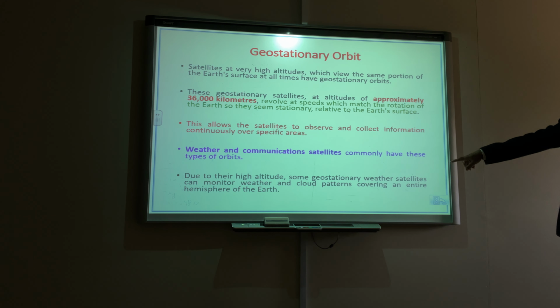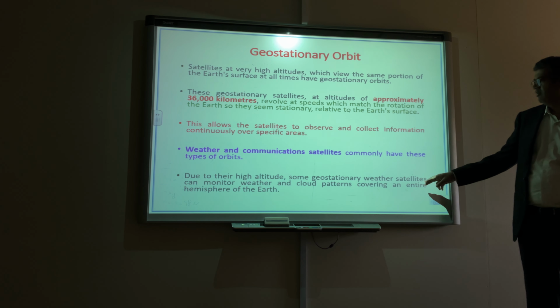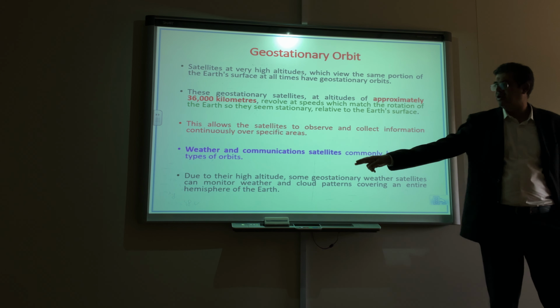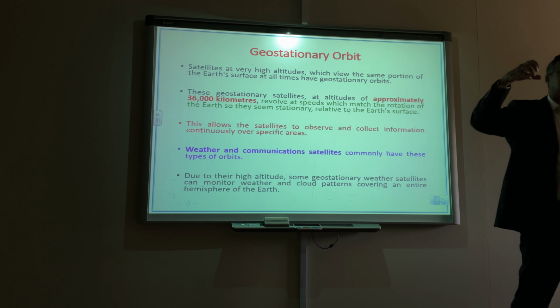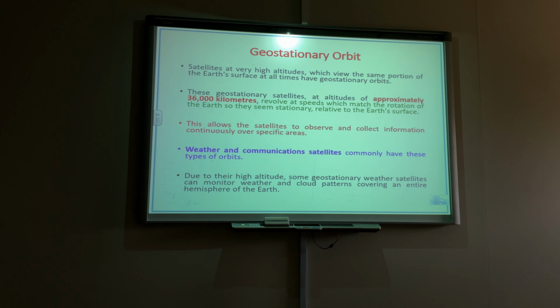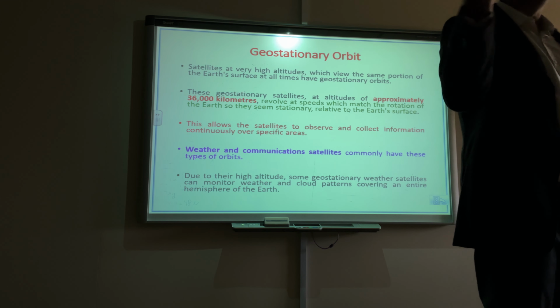Due to their very high altitude, some geostationary weather satellites can monitor weather and cloud patterns covering an entire hemisphere. Almost half of the Earth can be covered by one geostationary satellite, and if you have 3 geostationary satellites, you can cover the whole Earth.